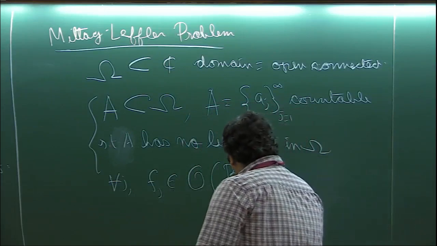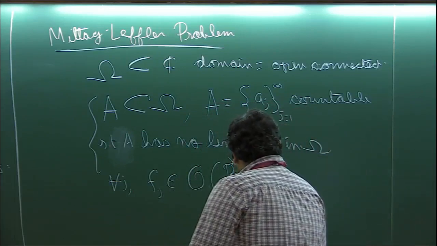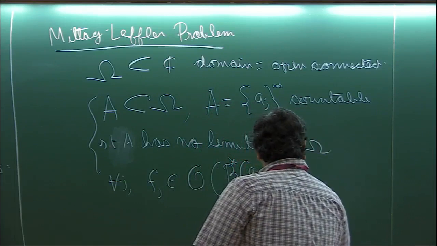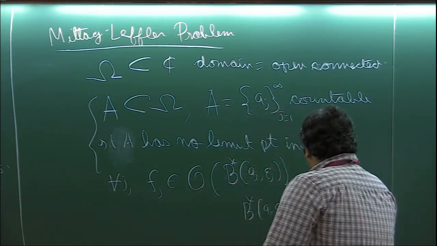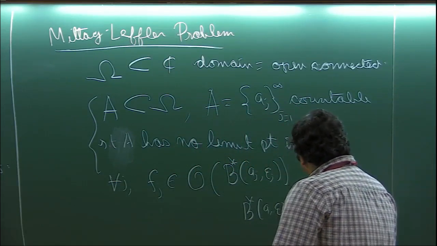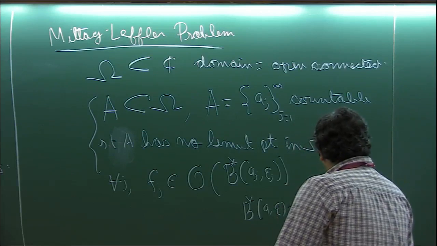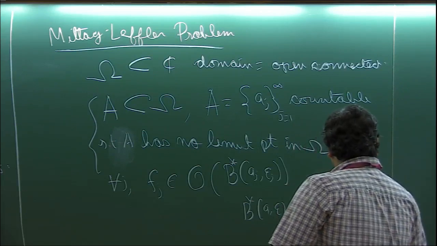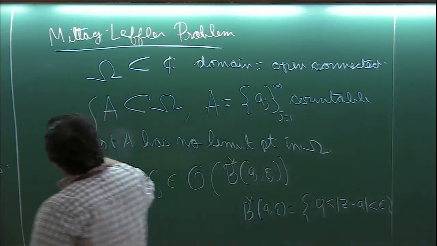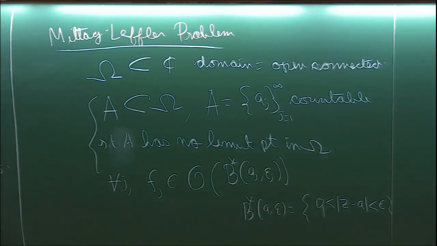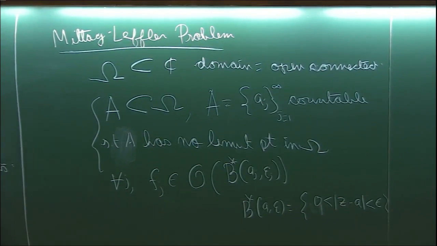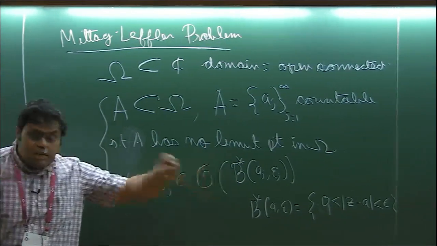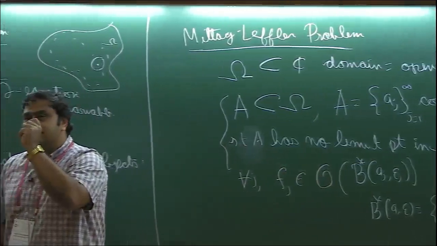So by B star of a, epsilon, I mean the set of points in the complex plane such that 0 is less than mod of z minus a is less than epsilon. Therefore, if I'm allowed to draw a picture, this here is omega. A is some point which is thinly distributed but accumulates on the boundary, and for each of these points I have this small neighborhood in which I am given a holomorphic function which may have a singularity at the point a_j.